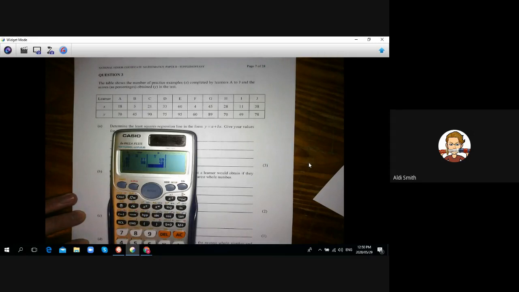Okay, so once you've typed in the values, you press AC once, you press Shift, you press Stat, and you press 5 for regression. And like I said, then it depends on which question they ask. And please, people, do not change the mode until you've written everything down.